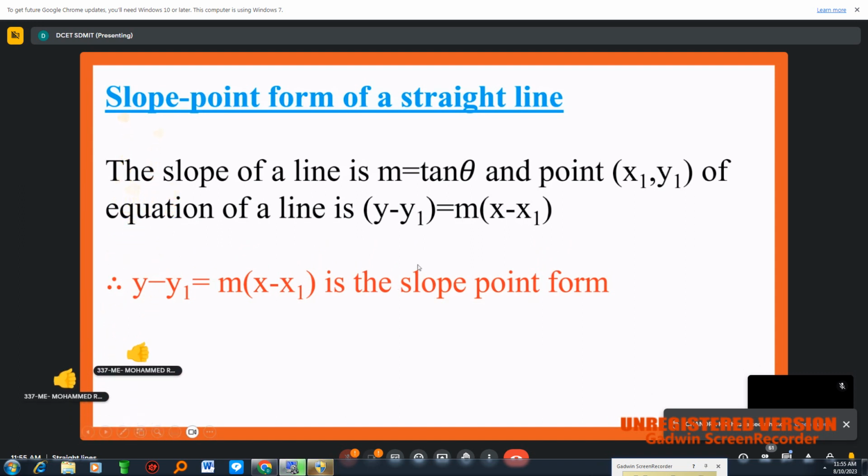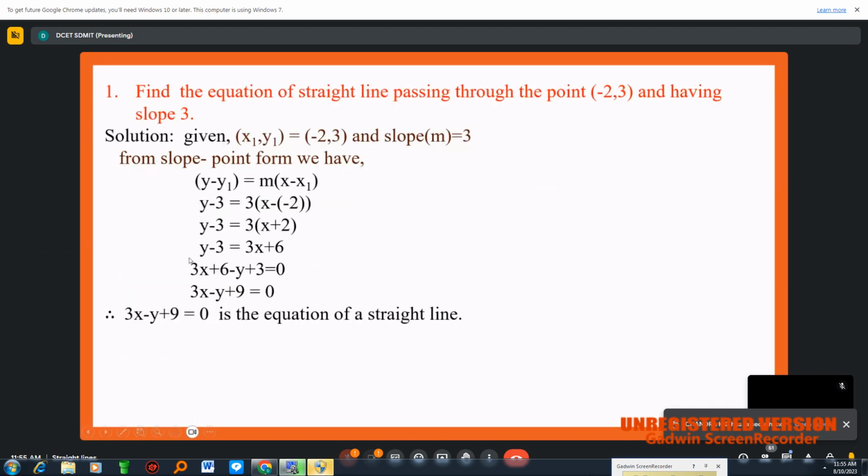So next I have given one example using this form. You can see that one. Find the equation of a straight line passing through the point minus 2, 3 and having the slope as 3.